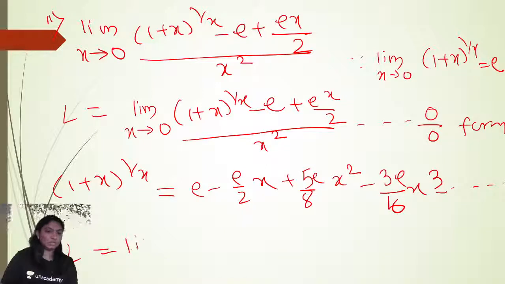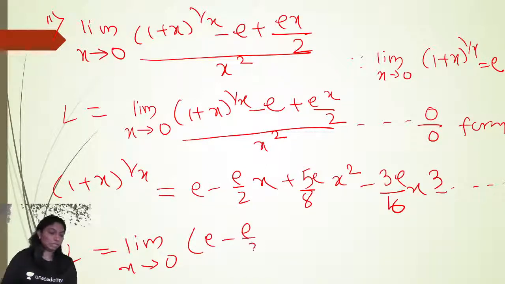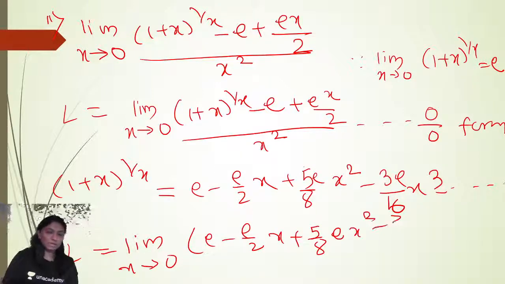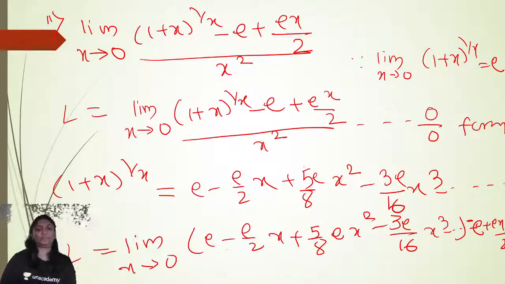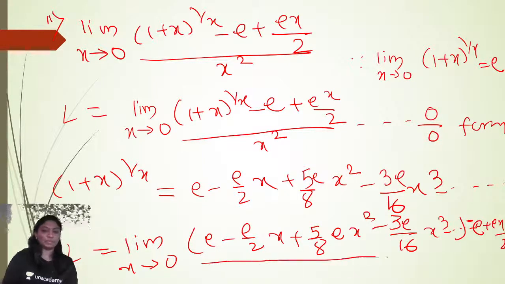So here L is equal to limit as x tends to 0 of (e minus e by 2 x plus 5 by 8 e x square minus 3e by 16 x cube and so on, minus e plus ex by 2) upon x square.